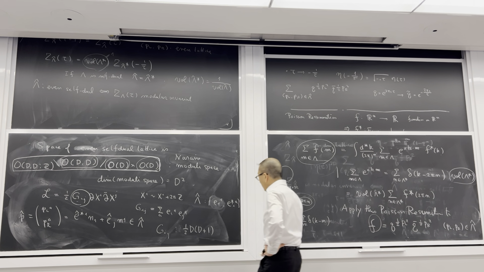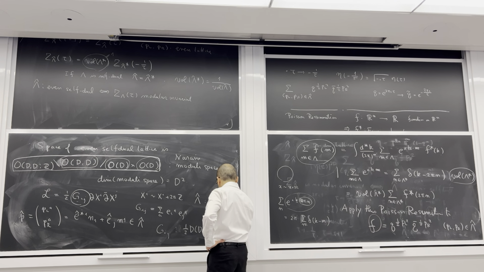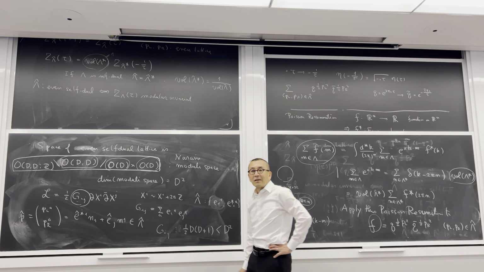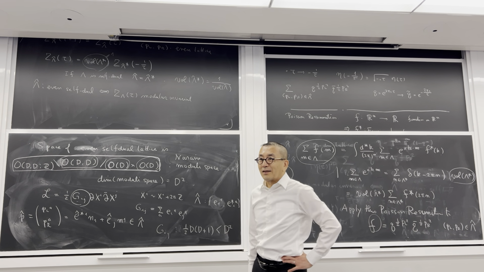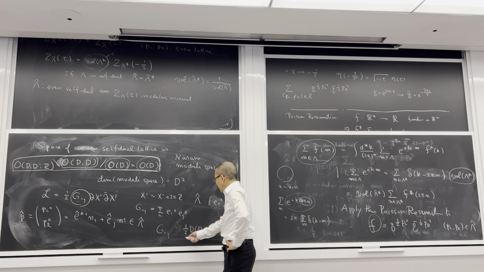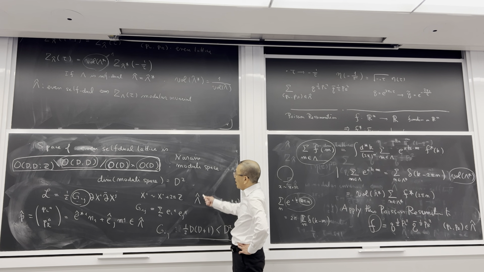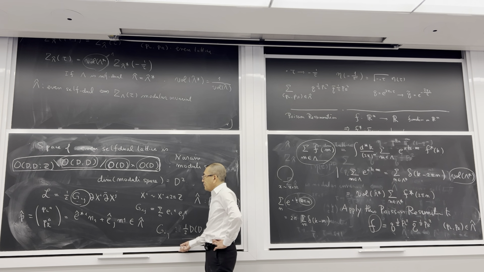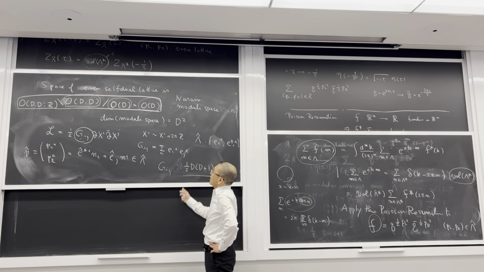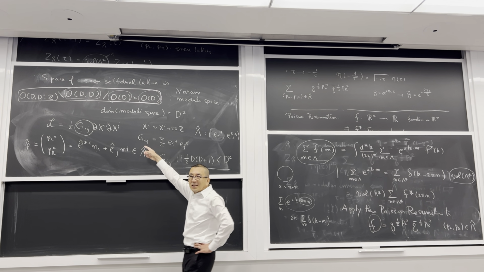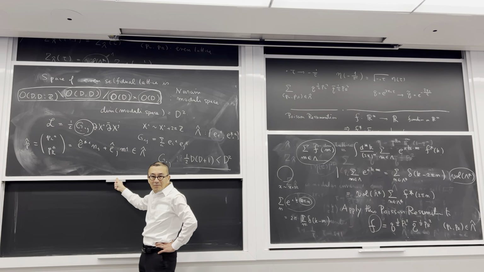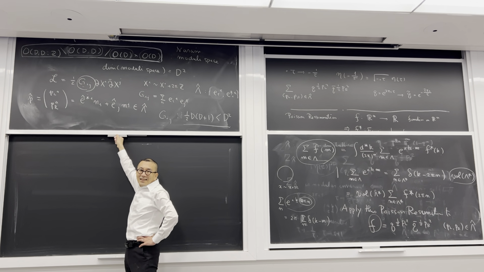For higher dimension, this is strictly less than d squared. For dimension greater than 1, this is strictly less than d squared. So you can see that the Narain moduli space is not just the space of this compactification method. So what is it that we are missing?